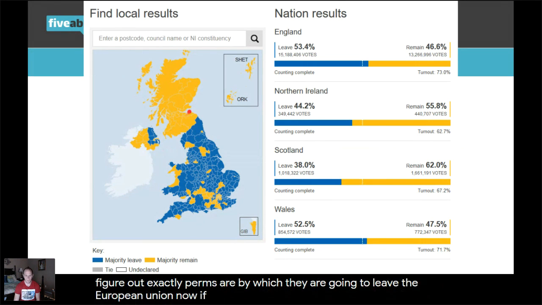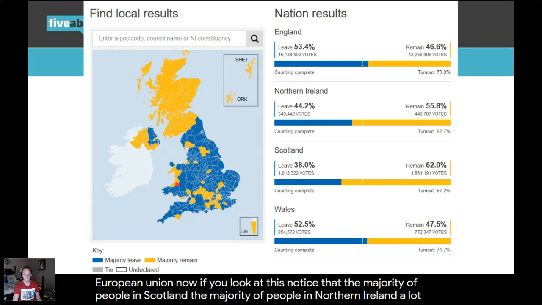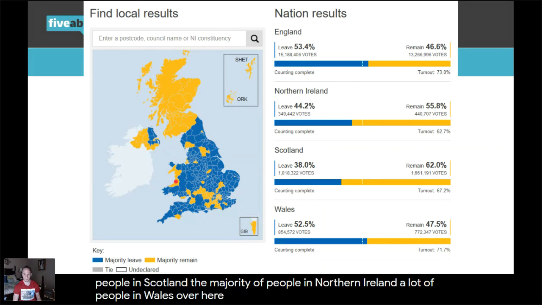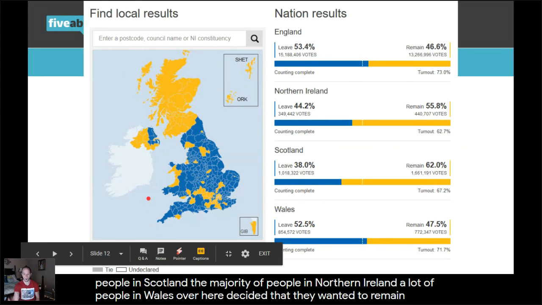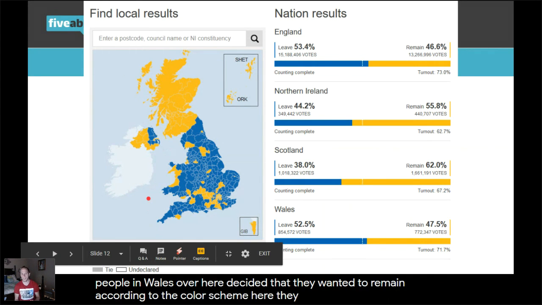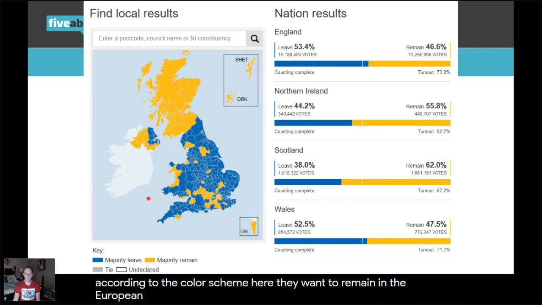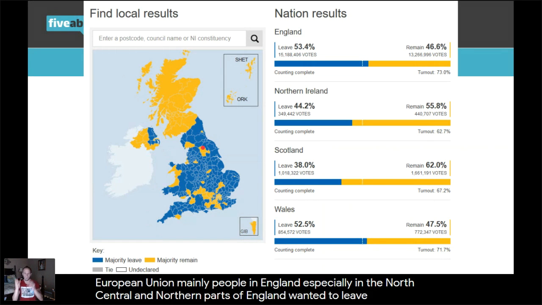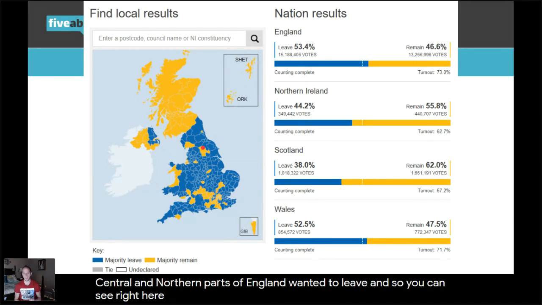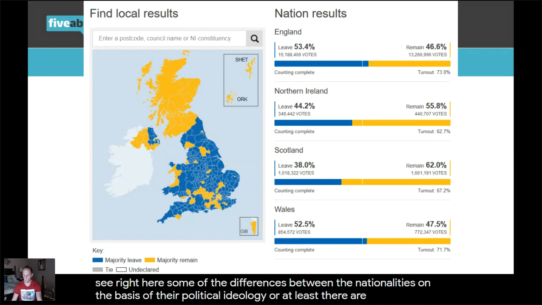Now, if you look at this, notice that the majority of people in Scotland, the majority of people in Northern Ireland, and a lot of people in Wales over here decided that they wanted to remain in the European Union, according to the color scheme here. Mainly people in England, especially in the central and northern parts of England, wanted to leave. And so you can see right here some of the differences between the nationalities on the basis of their political ideology, or at least their opinions of the European Union.